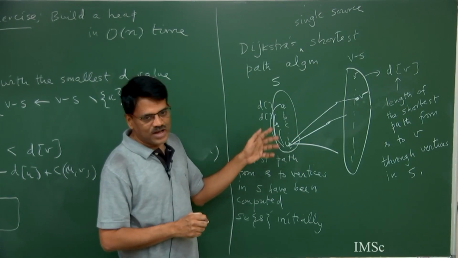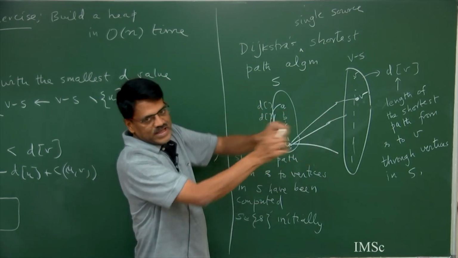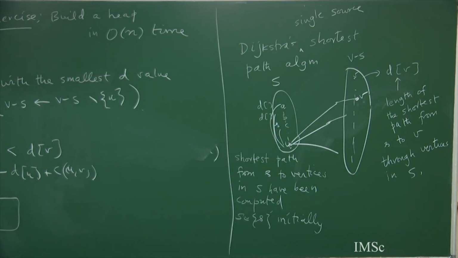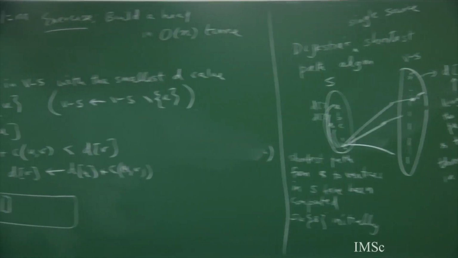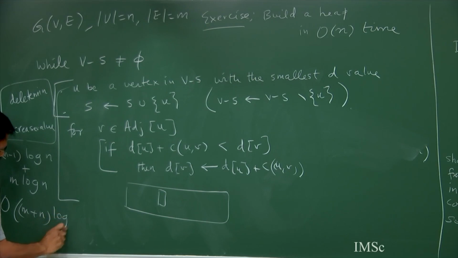So, really edges are only counted once, because once that vertex comes in, you are only looking at edges outside. Okay, if you are happy with that, we go on. So, this whole thing will take, so it is basically, so this is the runtime for Dijkstra's algorithm if we use a simple binary heap. Okay.